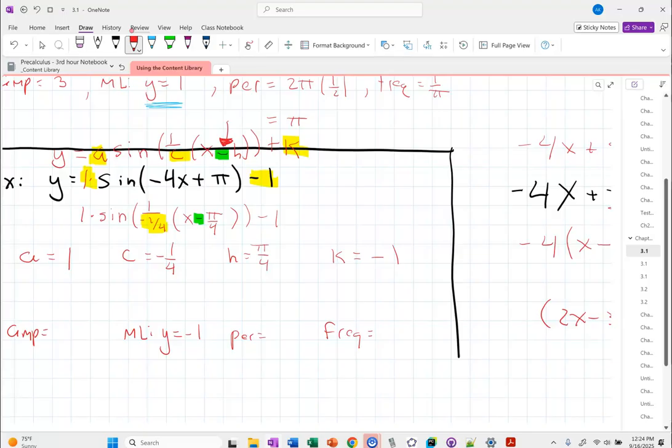Gianna, we got 2 parts left. Can you tell us either the period or the frequency? You probably want to do the period first.